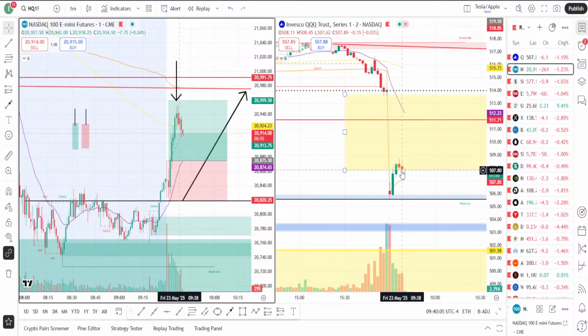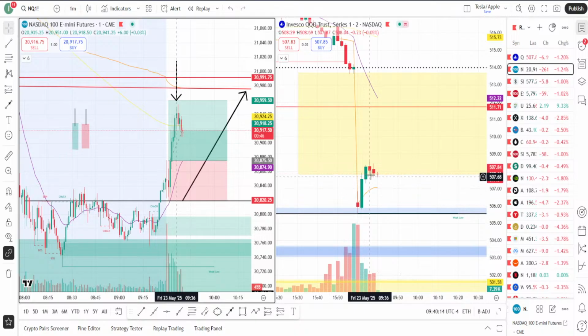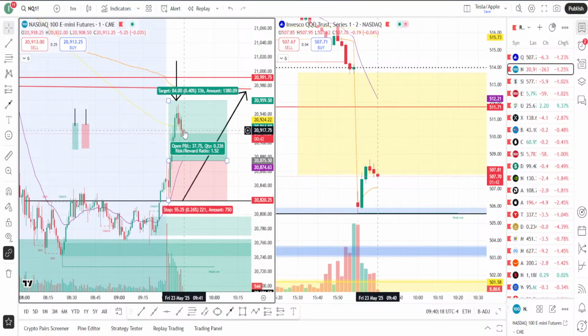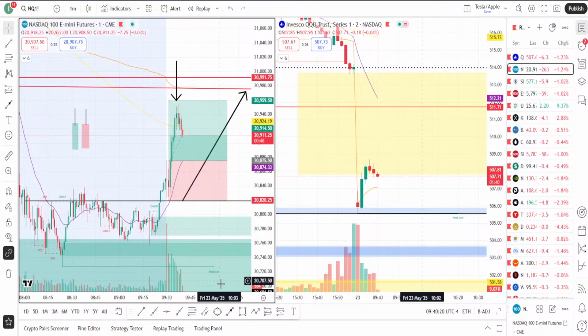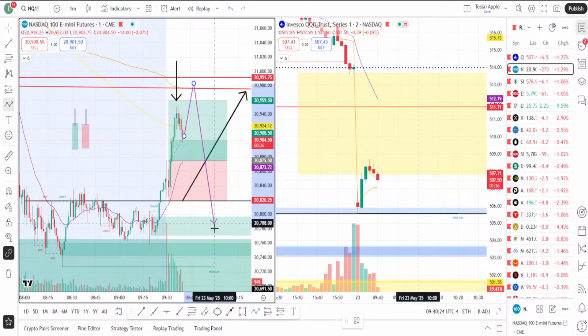All right, that's not much selling here going on. I'm liking that. Volume is low. Candles are small. Come on, can we get one more push? Maybe we can get one more before it goes down.